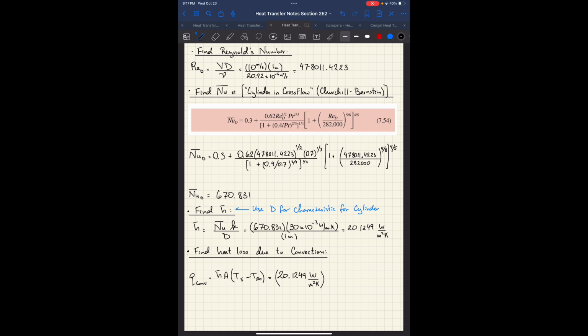That's your pi D L. So pi, diameter is 1 meter, length is 10 meters. And then we have the difference in temperature. So here comes Q convection. So Q convection will end up being 63034.7 watts.